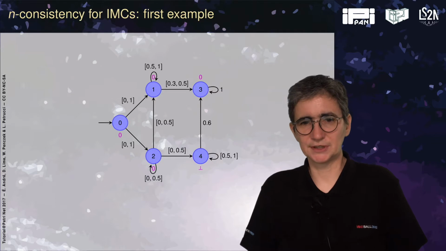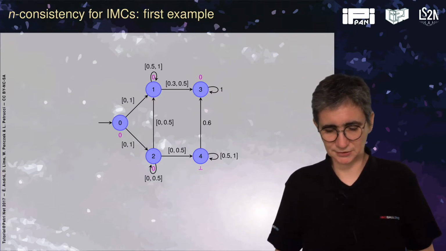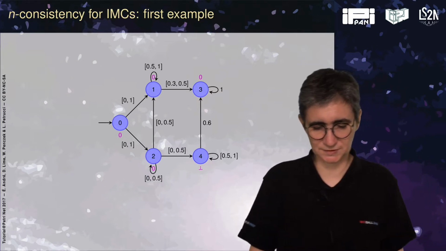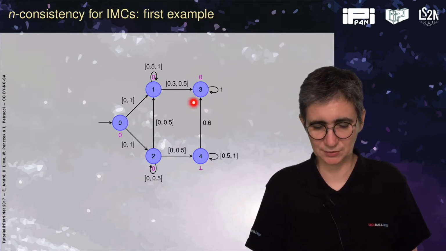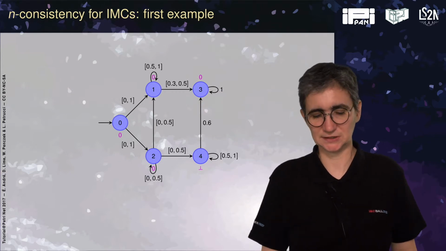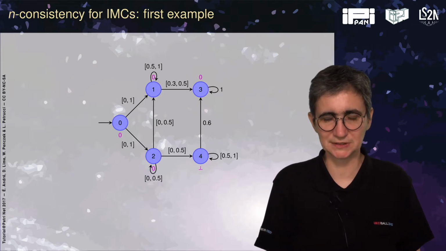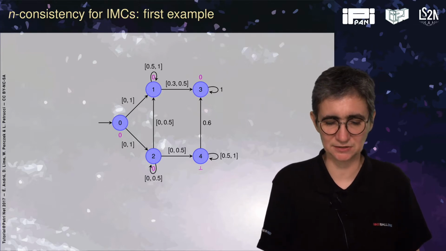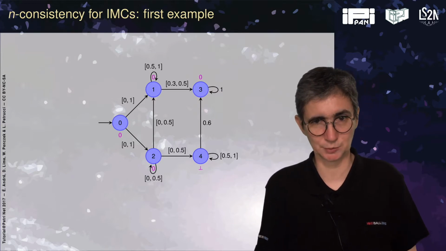This example is the same as the one we had before, and we can notice that for all states from 0, 1, 2, and 3, all these states are zero consistent. Indeed, for each of them, I can find a probability within the exiting intervals such that the sum adds up to 1.